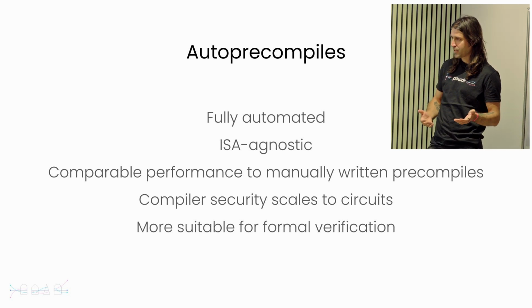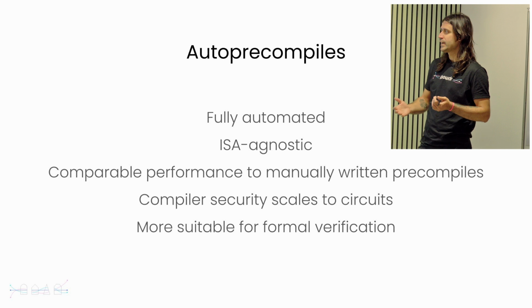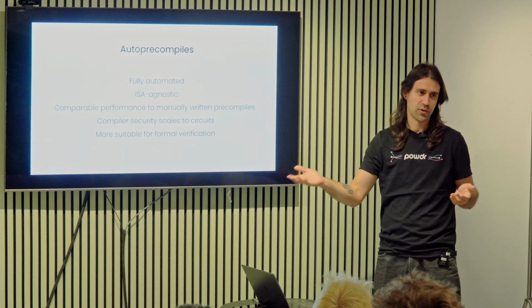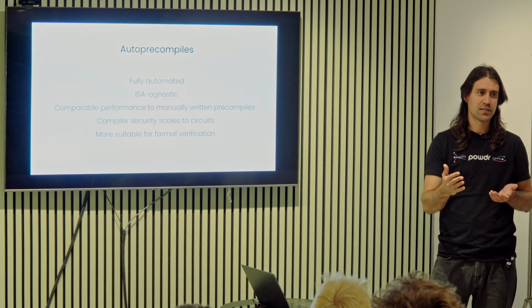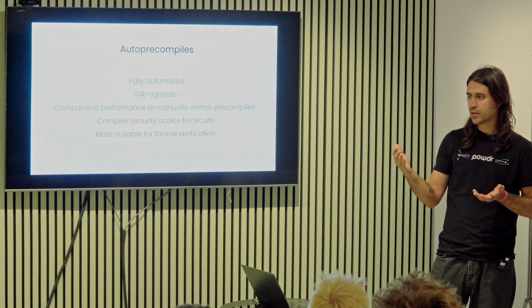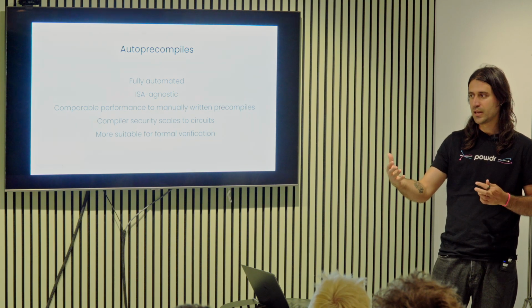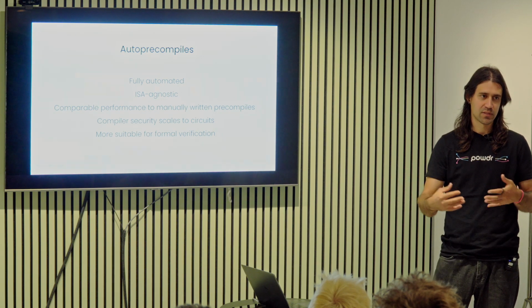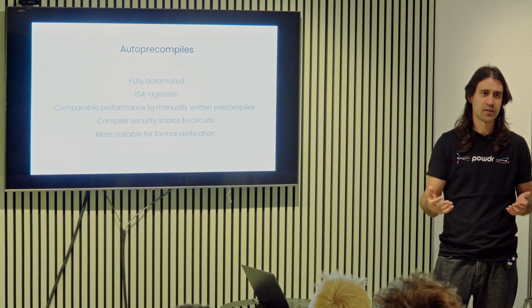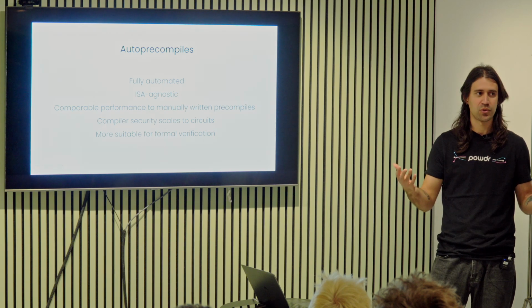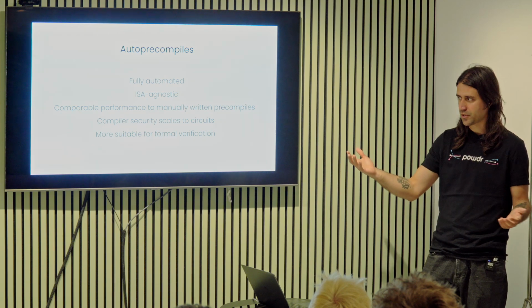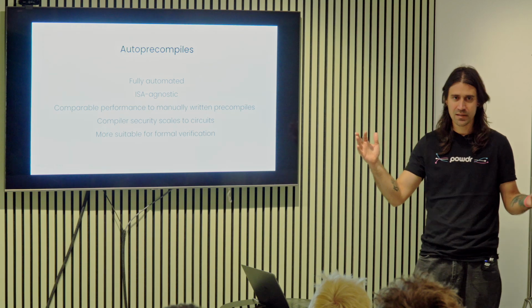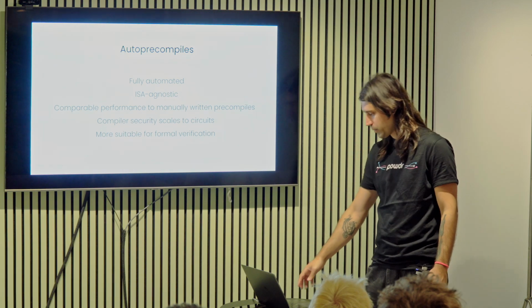And the last thing, which is maybe one of the most important ones, it makes it more suitable for formal verification. You can compile these automatic circuits in a certain specific way, so that if you write a toolchain once that leads to having some formal verification results, you can reuse it. It basically scales to all the precompiles that you create, instead of just writing them by hand and then trying to verify one by one.